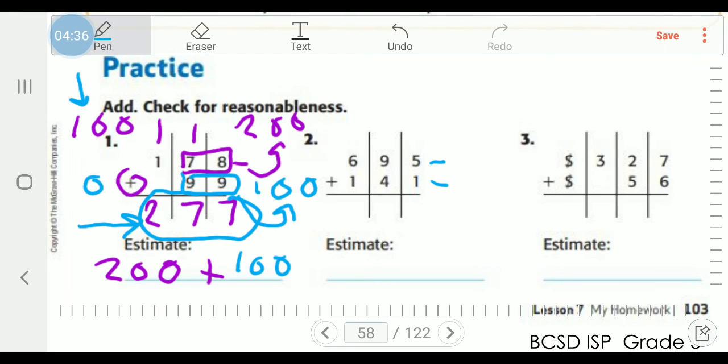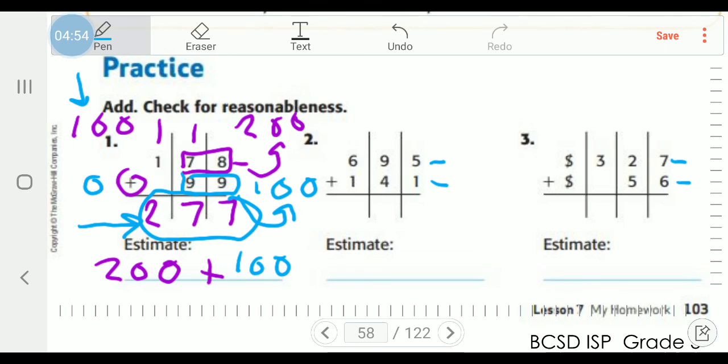Same thing over here. You're going to be rounding 327 to the nearest 100, and go ahead and round 56 to the nearest 100. Remember, 50 is the halfway point, so 56 is greater than that, which means it's going to be closer to going up than it is to going down.